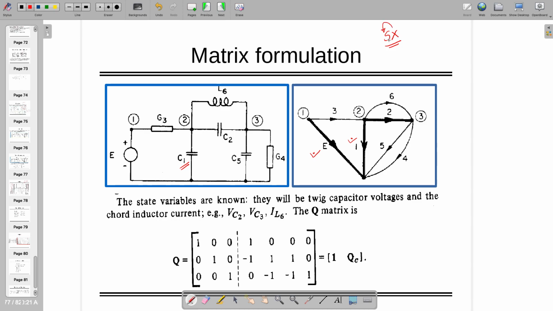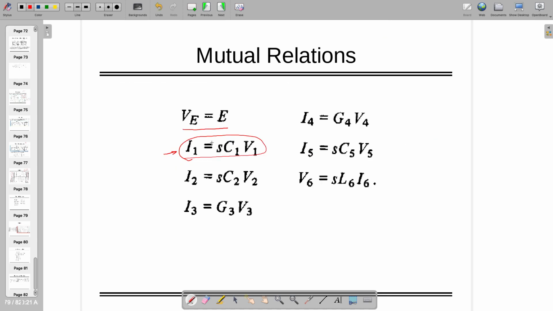This is what I want. If I'm writing in voltage instead of current, it's 1 by S, right? So we are not going to take that entry, but we are going to take the entry which is going to give me just multiplication of all the Laplace operators.